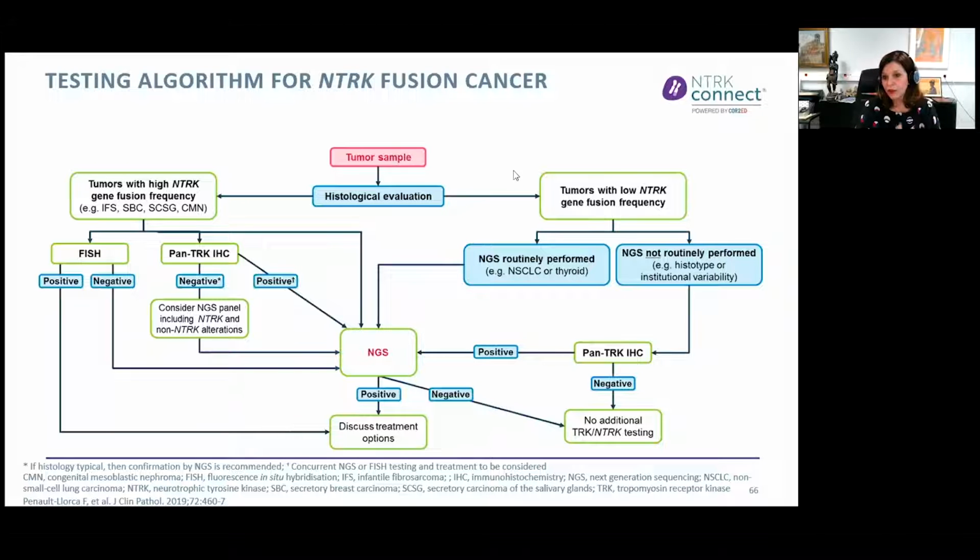It will be also the case, in my opinion, it's very interesting to do that for thyroid cancer. So we will do NGS and look at the presence or absence of fusions. If NGS is not routinely performed, we can use immunohistochemistry as a screening tool, with the exception of neurologic tumors or neuroendocrine tumors, where immunohistochemistry will not be interesting because of the high level of positivity.